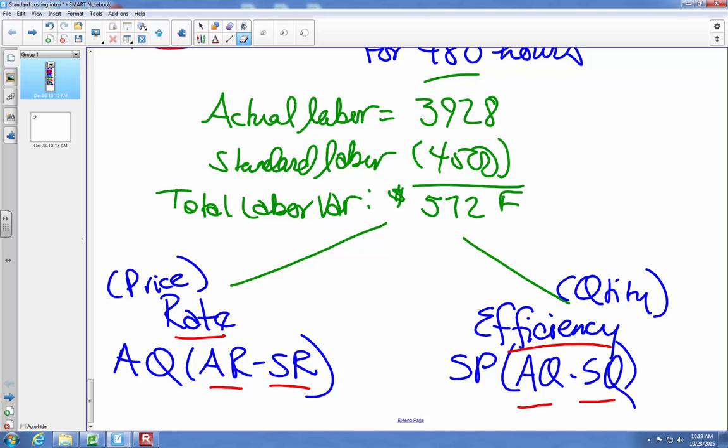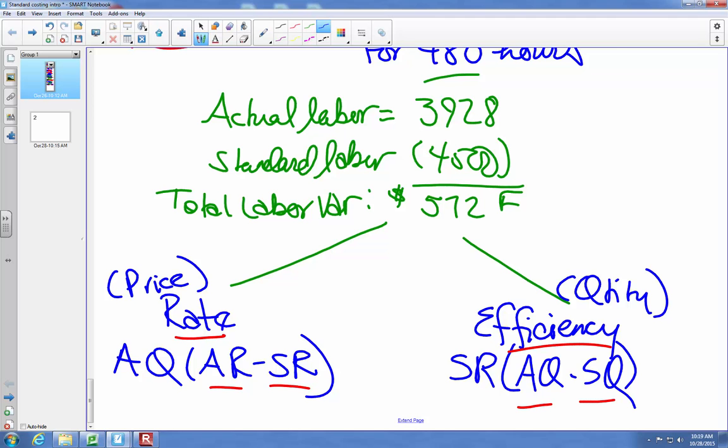And then I want to pull to the outside my standard rate. That should say rate instead of price because it's the labor variance. Right, rate, price, same words, just price is for materials, rate is for labor and overhead.